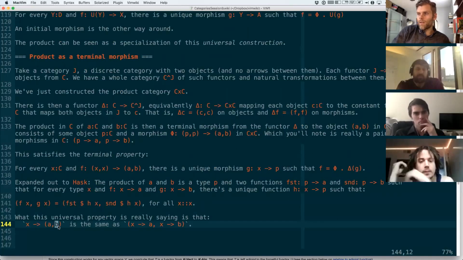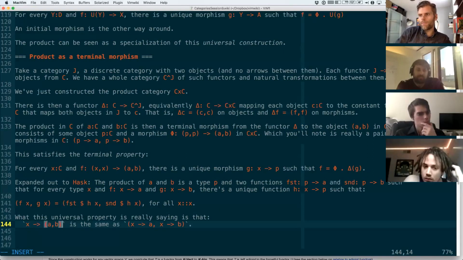Right. Yes. No, I see what you mean. This actually is, yeah. So I guess it's a good point. Like, is this pair A and B, is that the product in C, or is that the object A comma B in the product category C with C? Right. I think it has to be the first one because the object X doesn't exist in C cross C. Oh yeah, that's true.